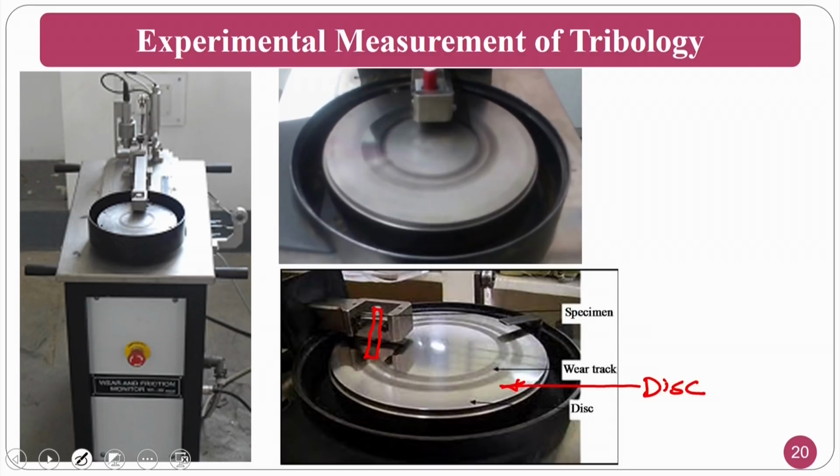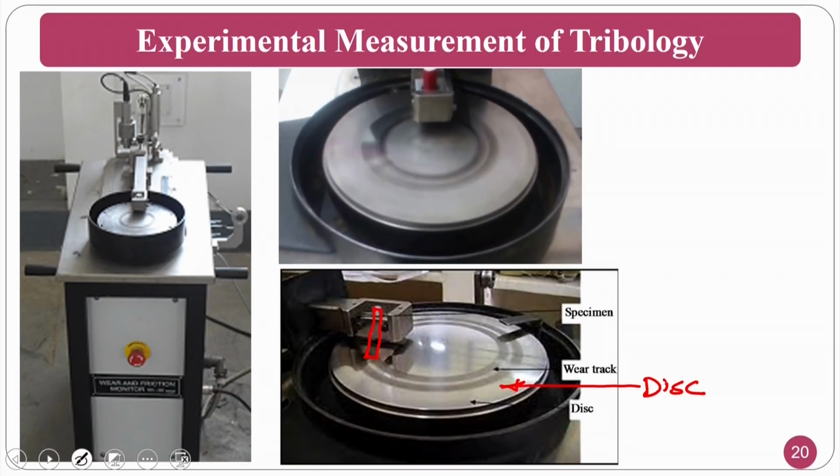If at all I want to machine mild steel with respect to HSS, how do I have to do it? Okay. So, now what will happen? I will make a steel disc and I will make an HSS pin. You can make the HSS pin by using the EDM process. Basically you take an HSS block, then you use the EDM process and you can cut.